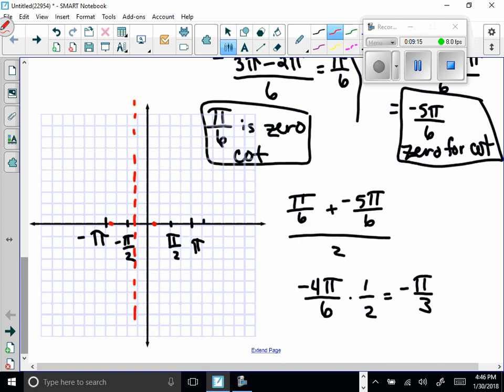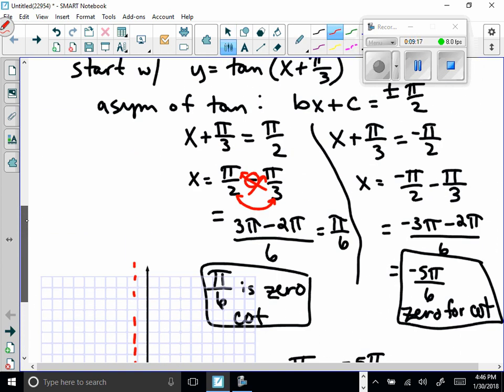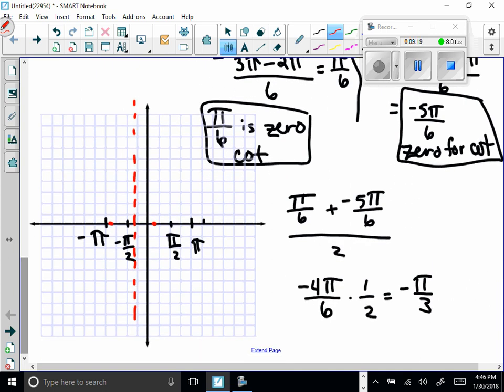I haven't changed the period other than shifting it left and right. So I still have a period of pi. So if I add pi to that, it looks like I'd have another value, probably about right here would be a 0. So there'd be another asymptote in between here.